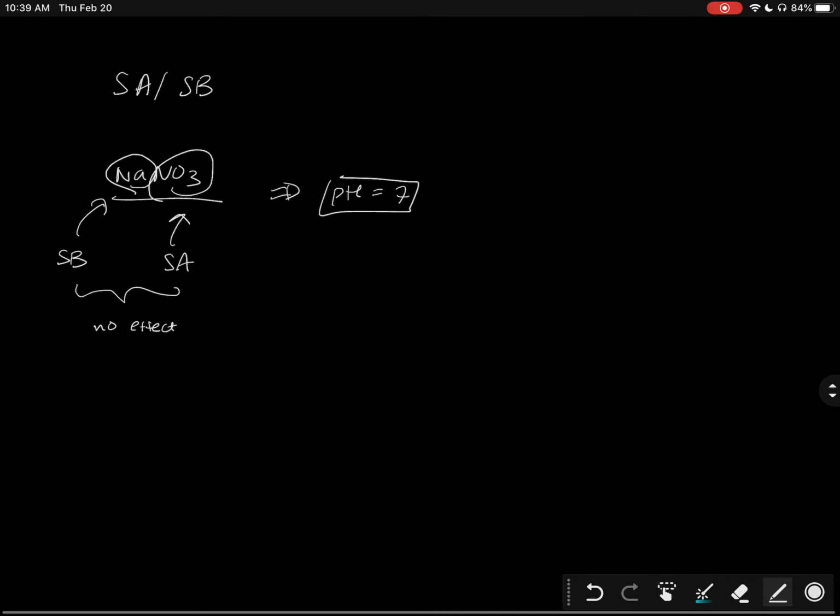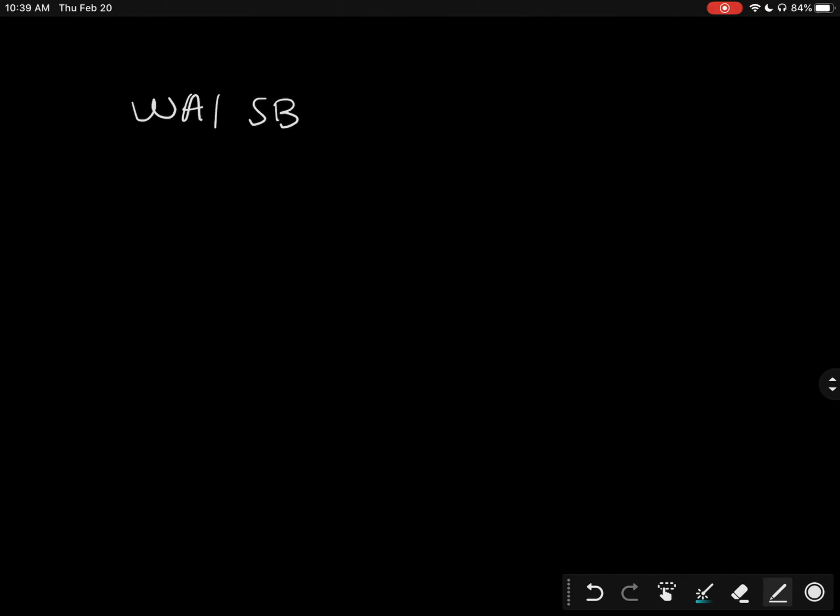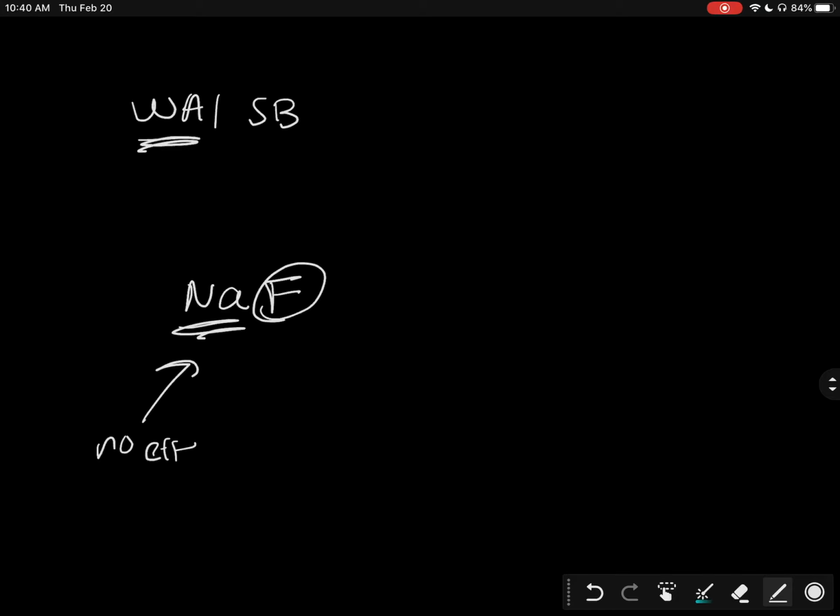Okay, so now let's go over weak acid, strong base. Let's say we have the conjugate from something that's normally a weak acid. So let's say it's F, and let's say it's Na. First of all, this has no effect, and this is the only thing that has an effect.